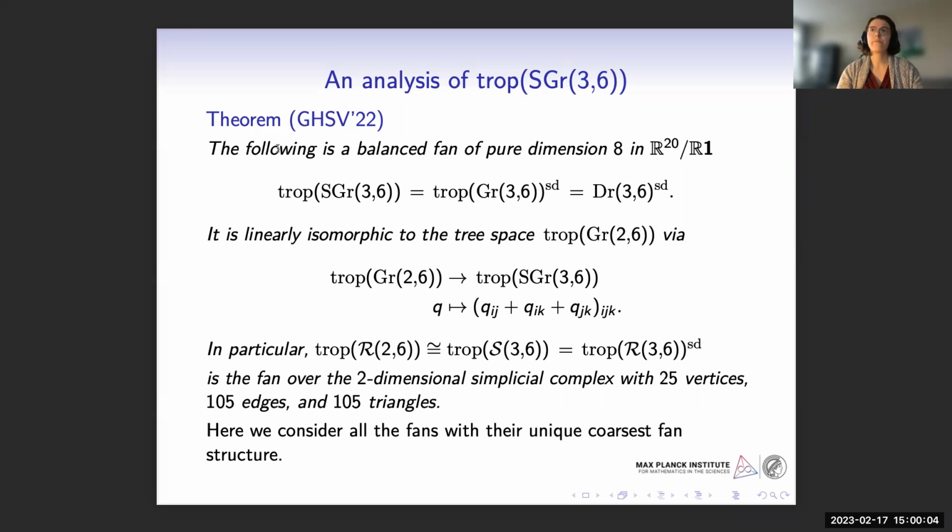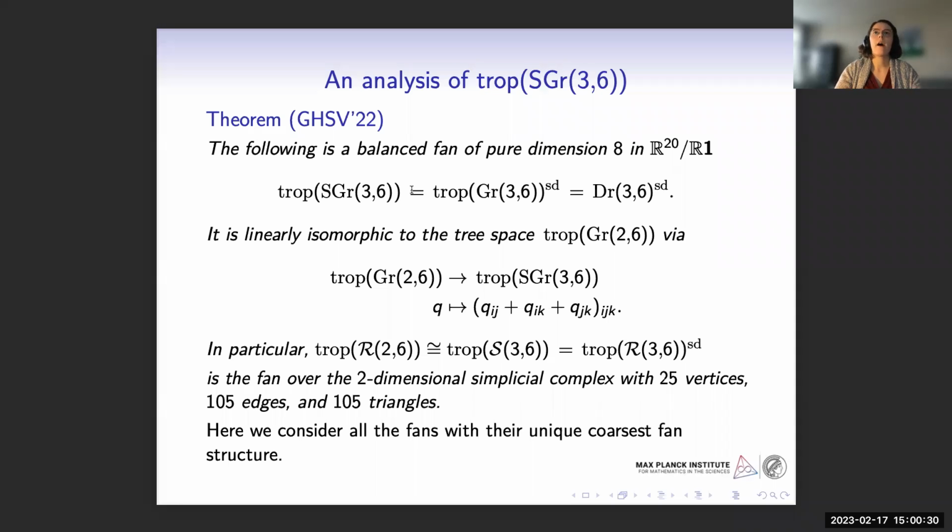And to understand how exactly this looks, we have a theorem, an analysis of this tropical soft-dual Grassmannian. First, we wanted to understand from the beginning this proposition with the containment chain. And in this case, for (3,6), these containments are all equalities. Okay, so the soft-dual tropical Grassmannian is a balanced fan of pure dimension 8. It has a 6-dimensional linearity space, and it coincides with the set of self-dual points in the tropical Grassmannian, which is the same as the self-dual points in the Dressian.